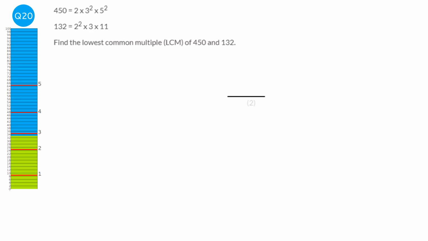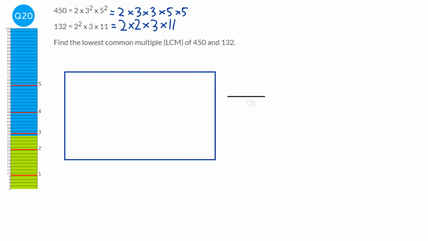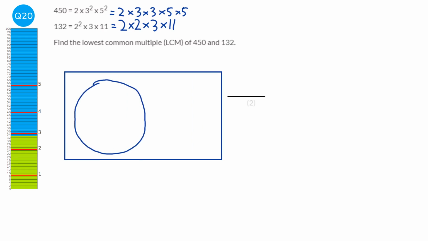What I'm going to do is start by rewriting the prime factors, but without the squared. So 2 times 3 times 3 times 5 times 5. I'm going to do the same with the other list as well. So 2 times 2 times 3 times 11. Now I'm going to put these into a Venn diagram. So I'm just going to draw out a Venn diagram and get my two circles, because we're going to have the 450 and the 132.